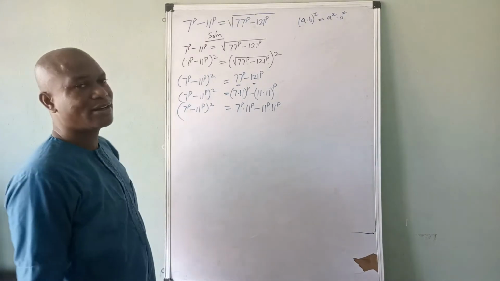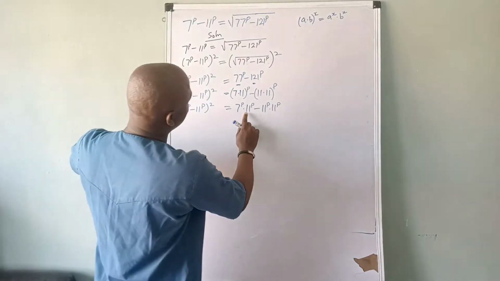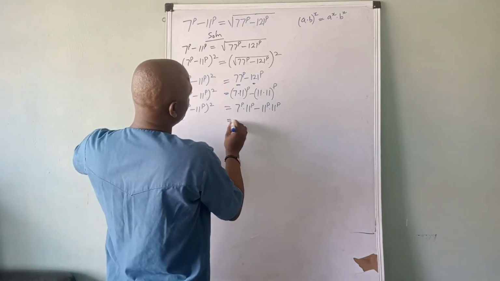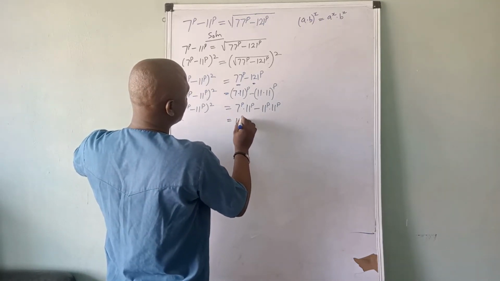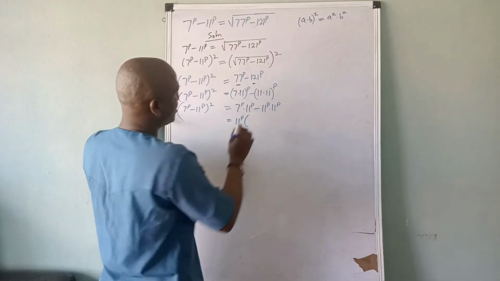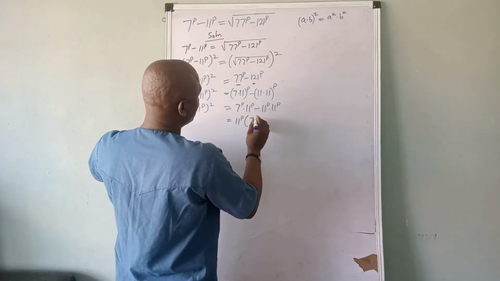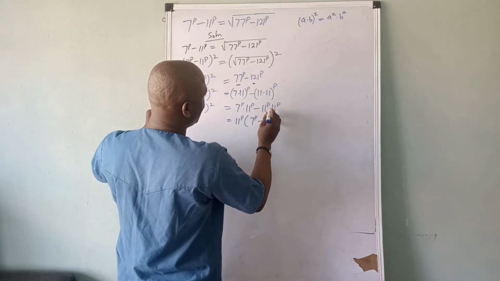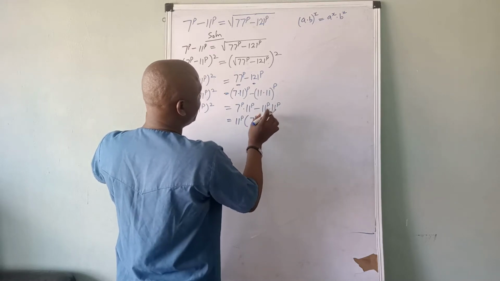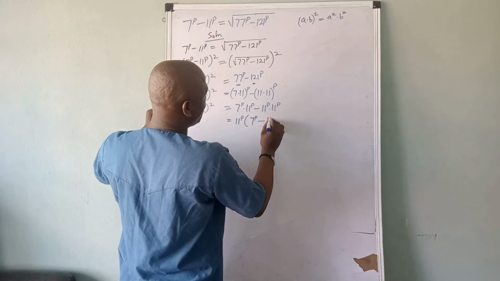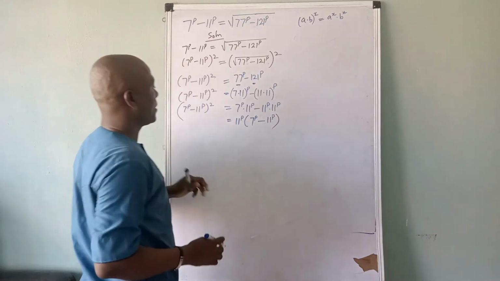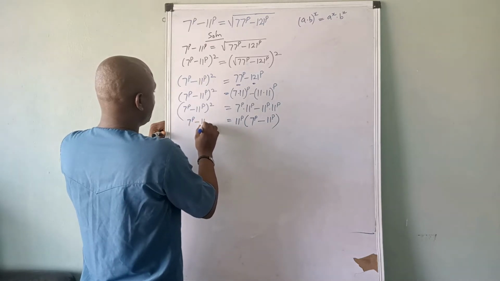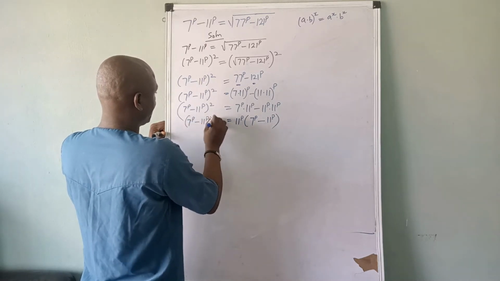Looking at the right-hand side of the equation, you can see that 11 raised to the power p is common amongst these two, such that we have this factorized to be 11 raised to the power p into 7 raised to the power p minus 11 raised to the power p. So this remains the same.